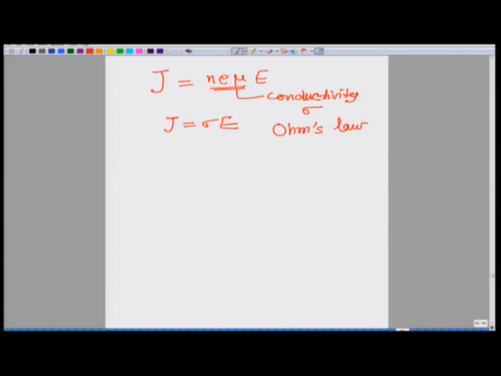It has a direct relation with the Ohm's law that you study, V is equal to I into R, or I is equal to V by R, where R is the resistance. It comes from here only. So, that is Ohm's law, and this is how the current density is created.